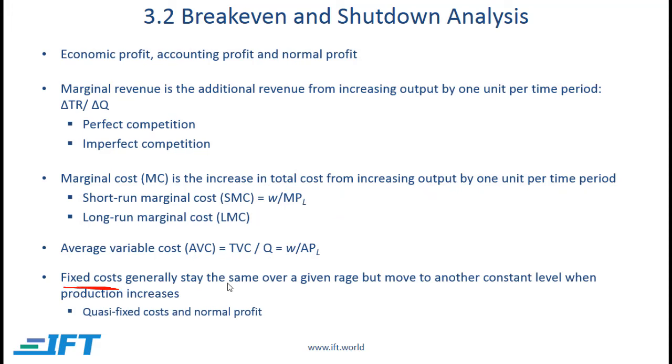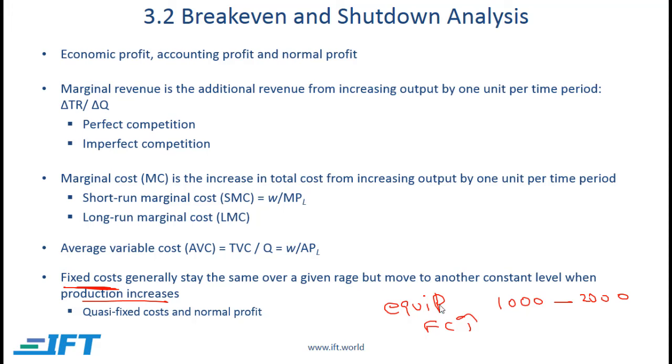Fixed costs generally stay the same over a given range, but move to another constant level when production increases. So in a given factory, we might have our equipment, and this equipment can produce between 1,000 and 2,000 units. Let's say our production level increases beyond 2,000, so we will need to increase our equipment. In other words, our fixed cost goes up.